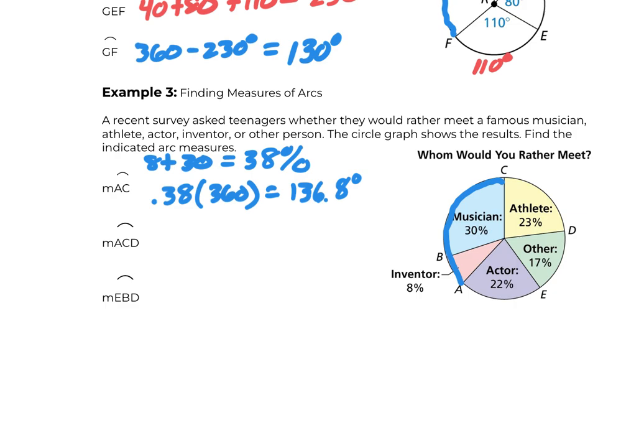If I wanted to do ACD, I'm going to start at A, go through C, and finish at D. So this would be 8 plus 30 plus 23. So that would be 61%. So I'm going to take 0.61 times 360.